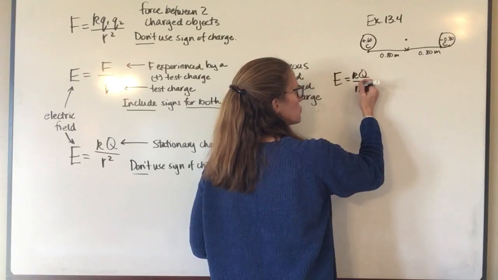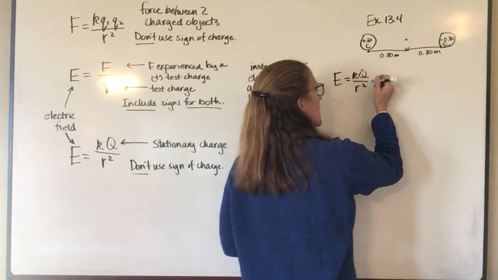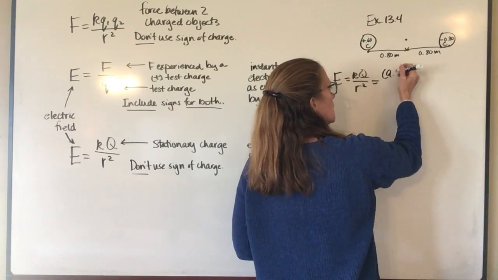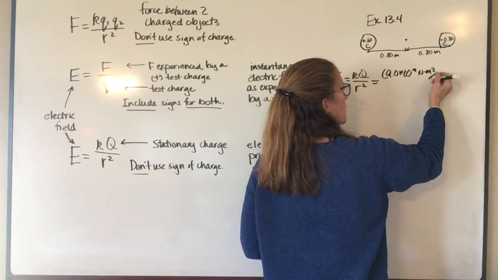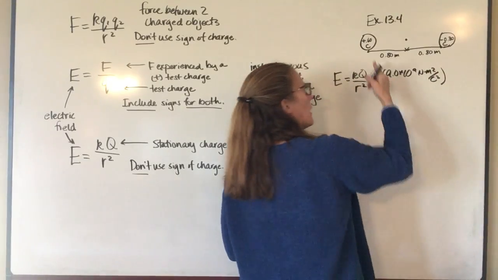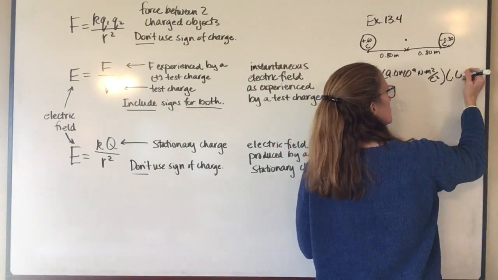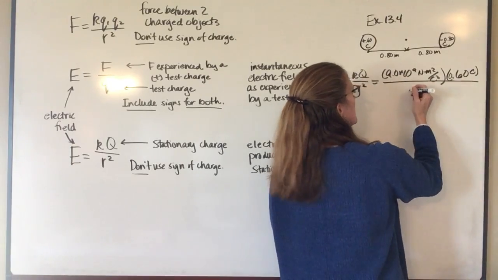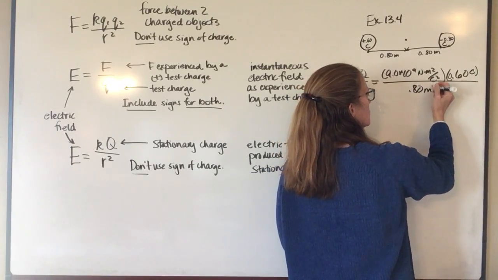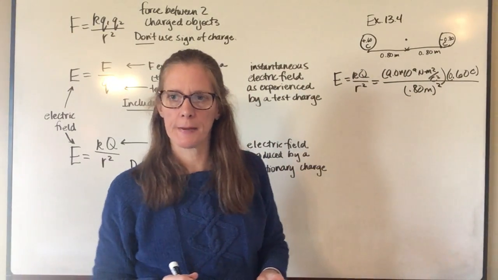K is the same k that we've been using all along, 9.0 times 10 to the 9th newton meters squared over coulomb squared. The stationary charge creating the field is 0.60 coulombs. And the distance is 0.80 meters from the point in space that I'm talking about, okay?